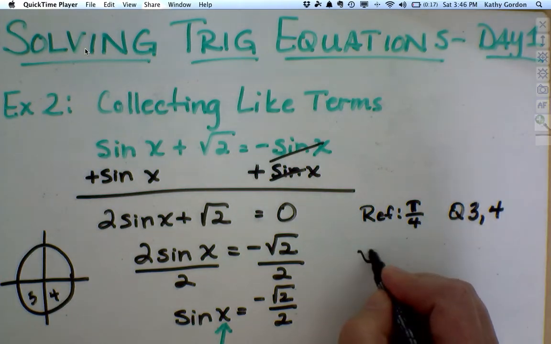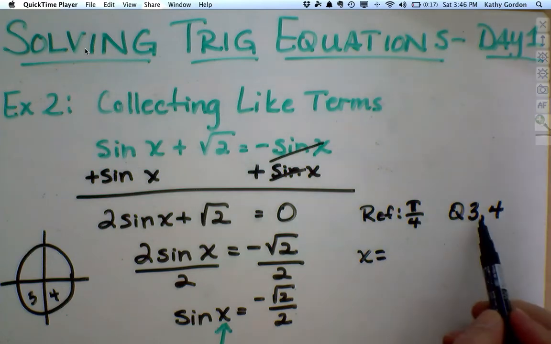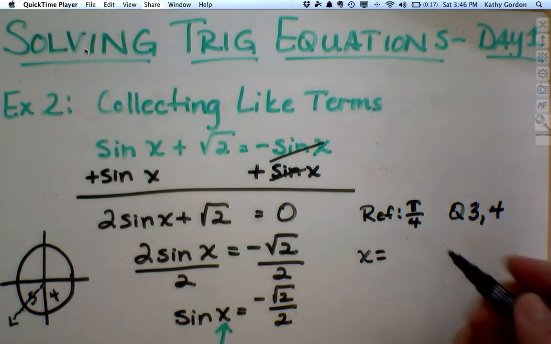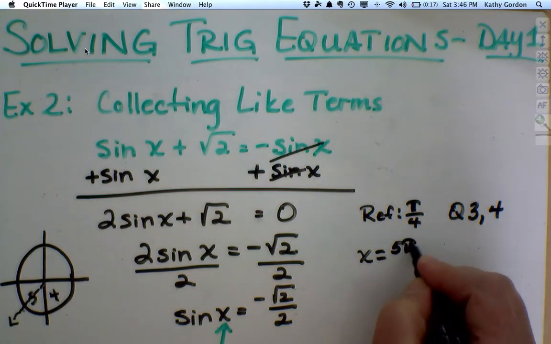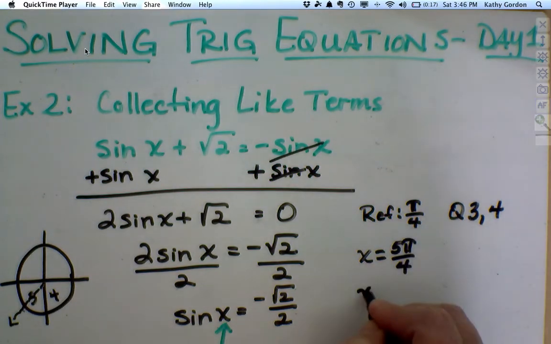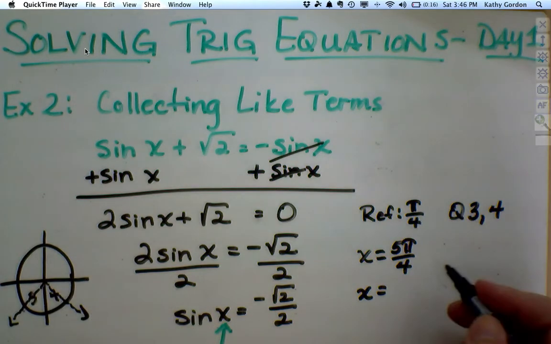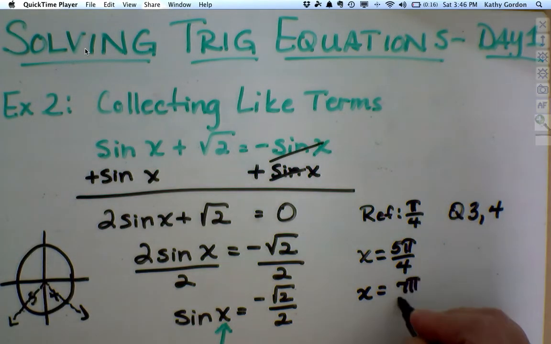Okay, so which angles are those? Well, the quadrant 3 angle is going to be here, and that's 1, 2, 3, 4, 5 pi over 4. And then the quadrant 4 angle is going to be over here, so if I keep counting, there's 5, 6, over here is going to be 7 pi over 4.